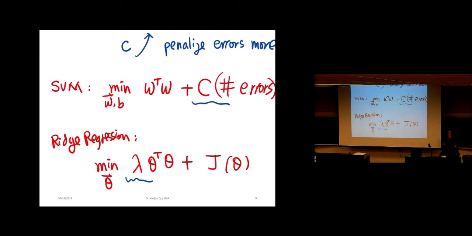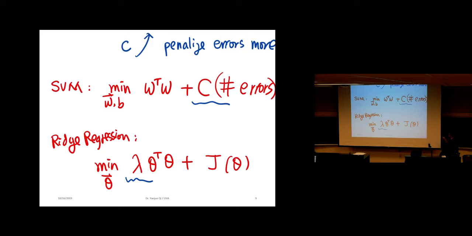If you connect this with ridge regression, we had in ridge regression a formulation actually like this, right? We have lambda, we use beta, but theta is the same: lambda theta transpose theta plus the MSE loss, actually the SSE loss, sum of squared error loss, in ridge regression. Our lambda at that time was before the L2 penalty.